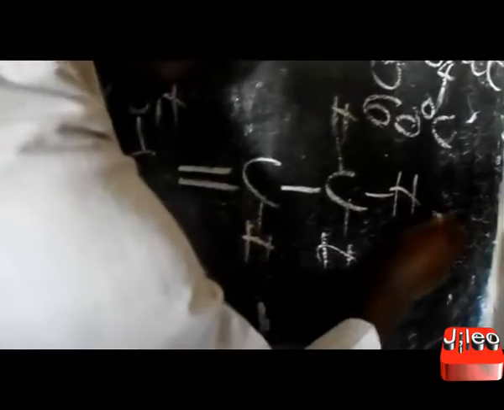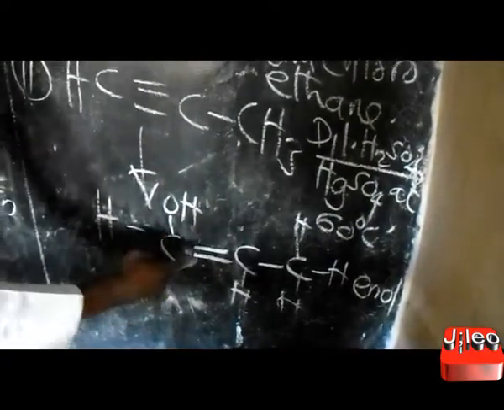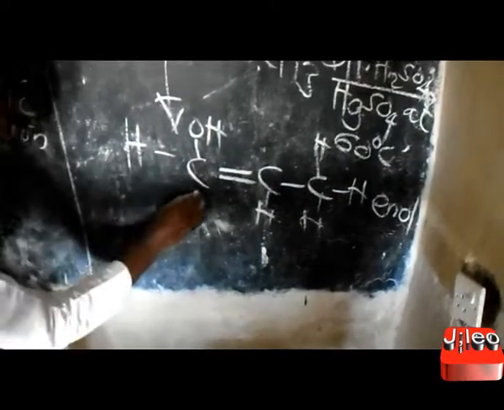This product you can see here, we call it enol. Meaning that we have an alkene, and at the same time we also have OH. But when you rearrange it, an equilibrium sign is established there, and you will form something known as propanal.